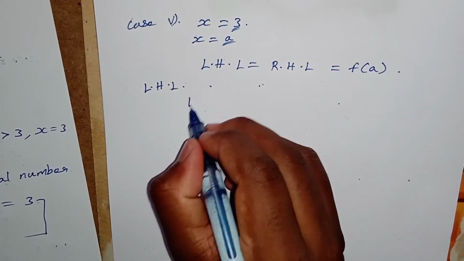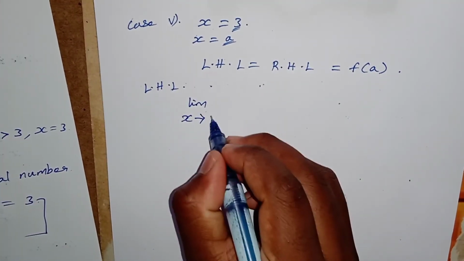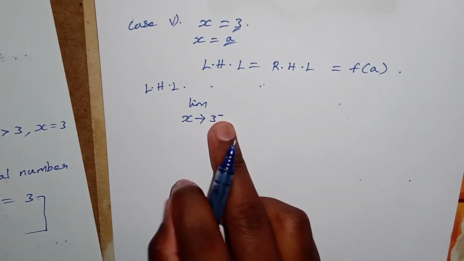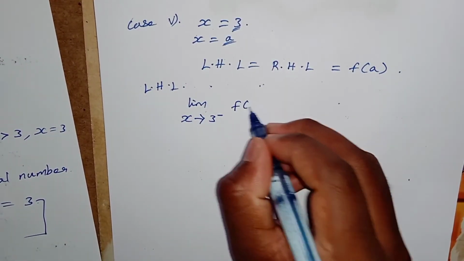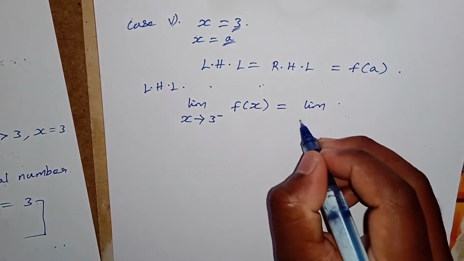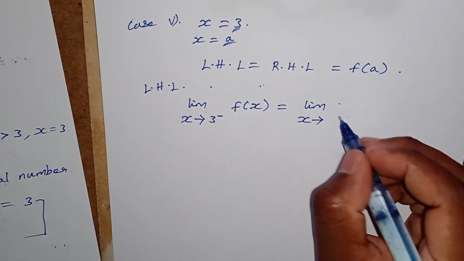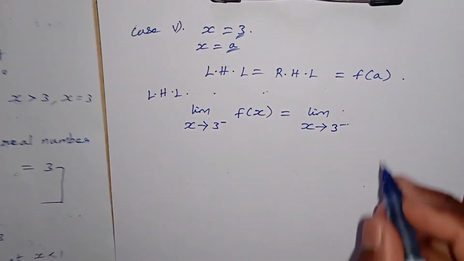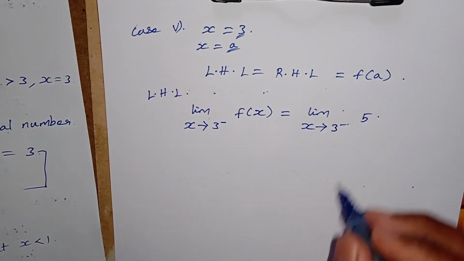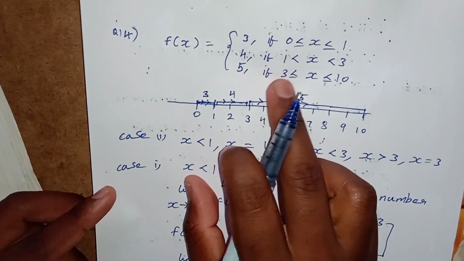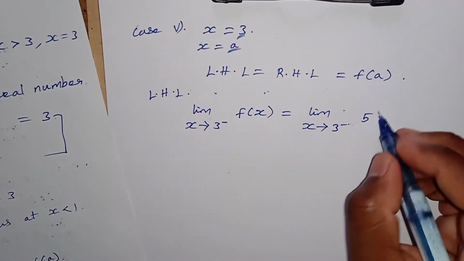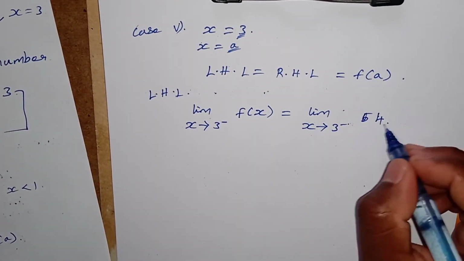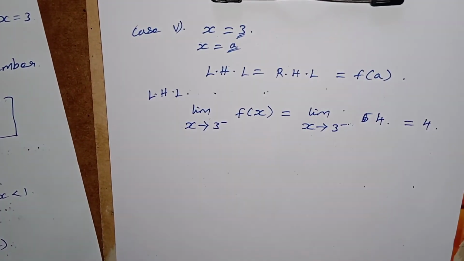For left hand limit, limit x tends to 3 minus. Here minus means you have to choose a value just less than 3. Limit x tends to 3 minus, f of x. Here it is less than 3, like 2.9, therefore you have to choose this function, which is 4. Here there is no value of x, therefore 4 is my answer.